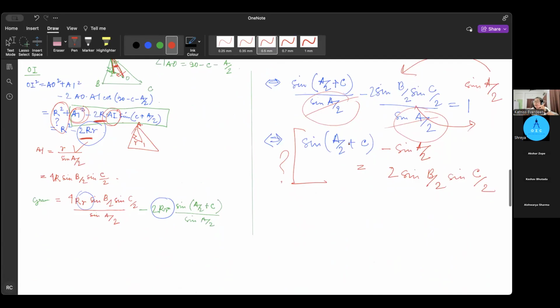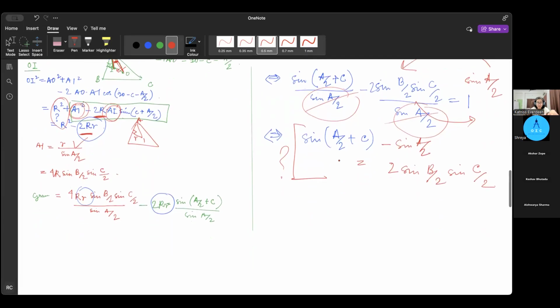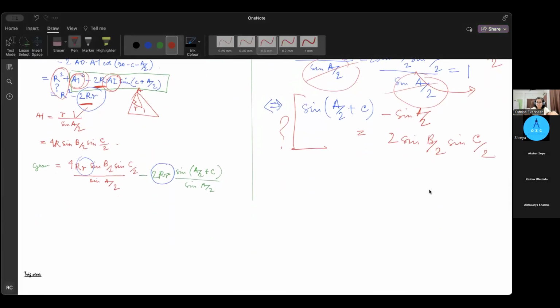A plus B is just A plus C here for this particular thing. And A plus C is 180 minus B. And we are going to do that by 2, right? So what do we get? Sine B by 2. And the second term is going to be A minus B by 2. What is this minus this? It is just C. So we have a C by 2. So it's sine C by 2 here. So is this clear? Like people are not speaking up. Yes, it's not. All right, sure.